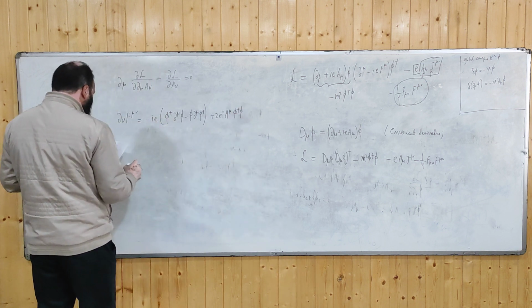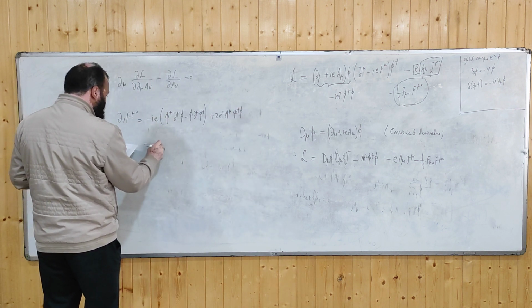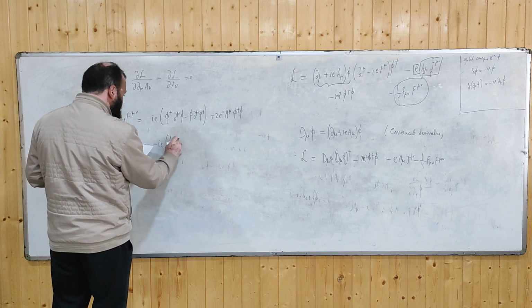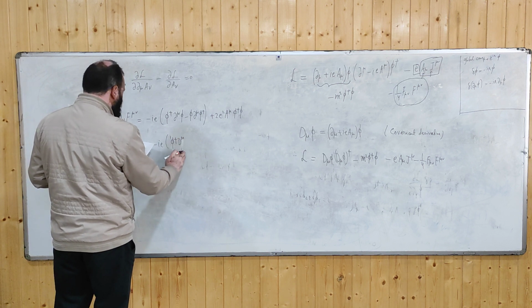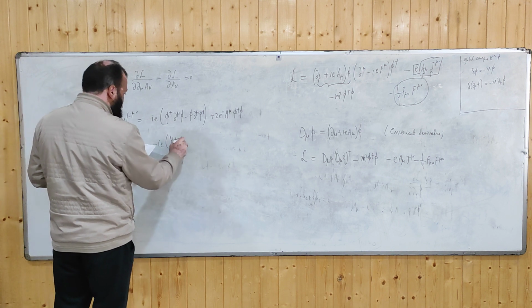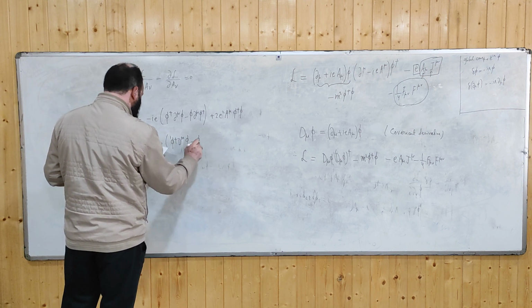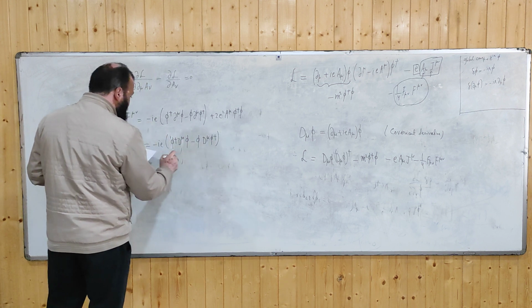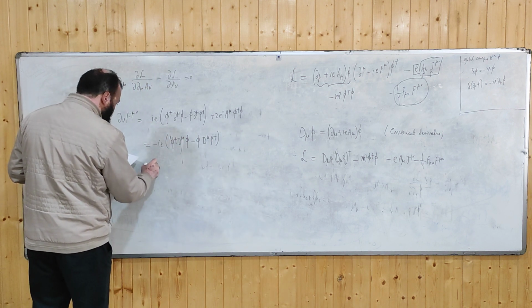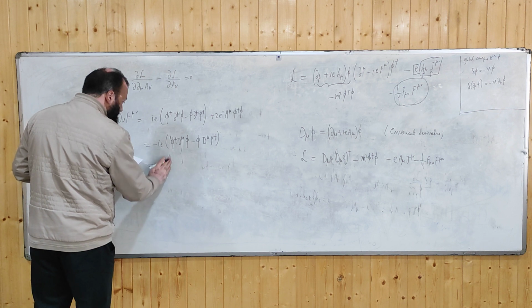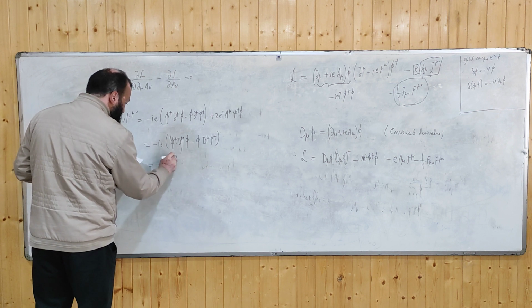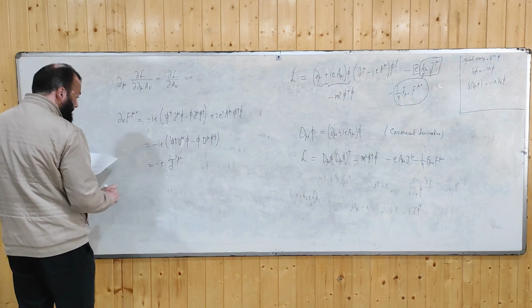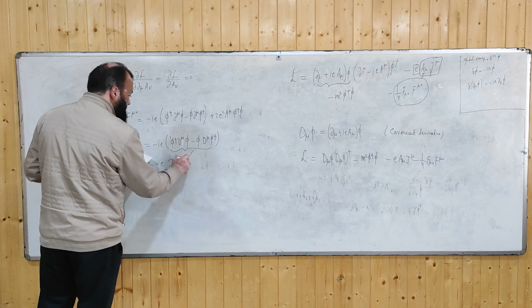Clear? So that is simply equal to minus i E (phi dagger D mu phi minus phi D mu phi dagger). We call this, with the gauge covariant derivative, J mu, where J mu is this very object.